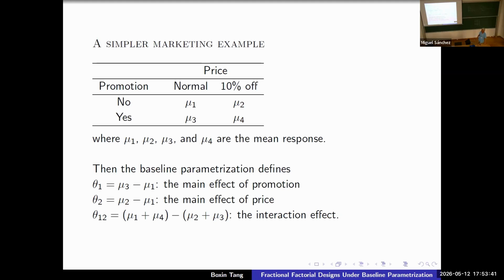Okay? Similarly, we can define the main effect of price. And this is defined as the change in the mean response while holding the other, which is promotion, at the default level. Okay, interaction also represents everything left, right? That is the response that cannot be explained by the main effects only.